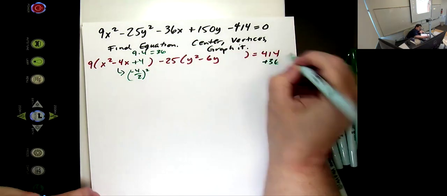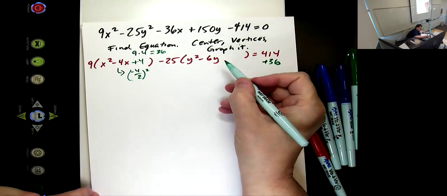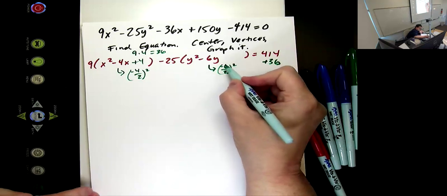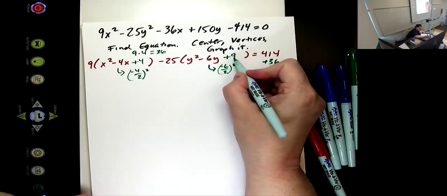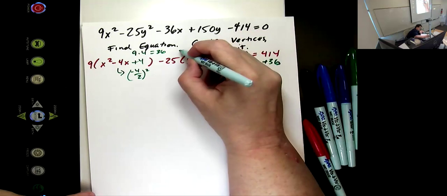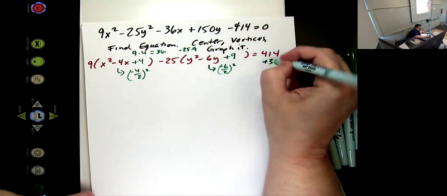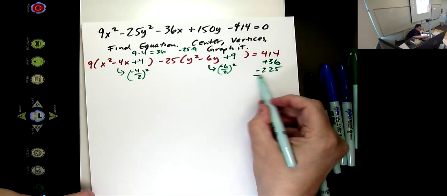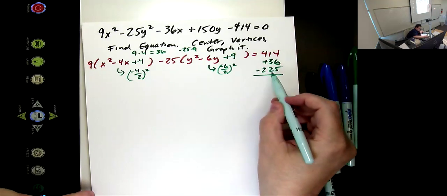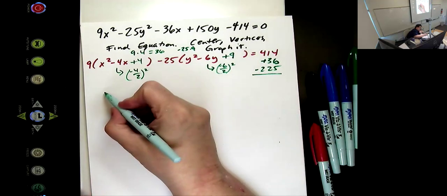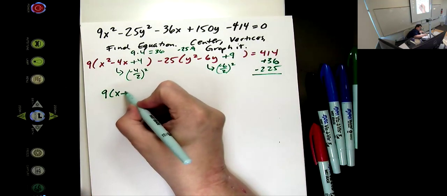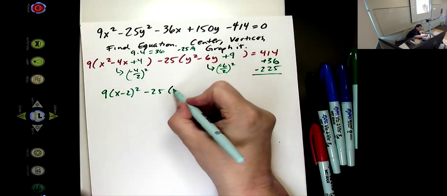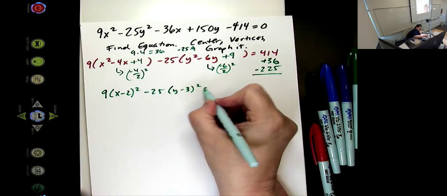We'll add 36 over here. -3 squared is 9. -25 times 9 is -225, so we'll do that over there. 450 minus 225 is 225. So we have 9 times (x minus 2) squared minus 25 times (y minus 3) squared equals 225.